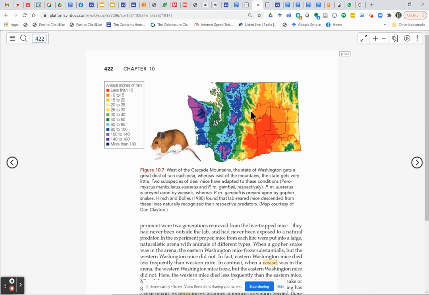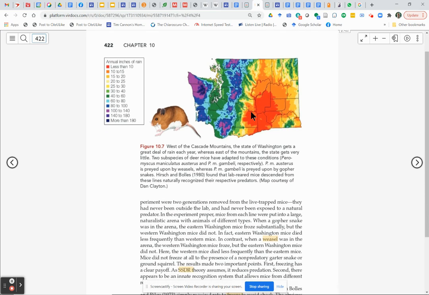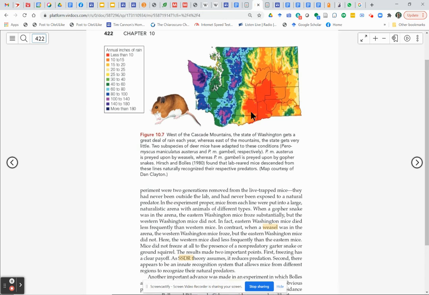On the western side, the wet side, which is easy to remember, western wet, you have weasels. And the weasels, oh my God, they love the mice. They eat the mice. On the eastern side, there are no weasels because it's too dry, but you do have snakes. And these gopher snakes love to eat the deer mice.